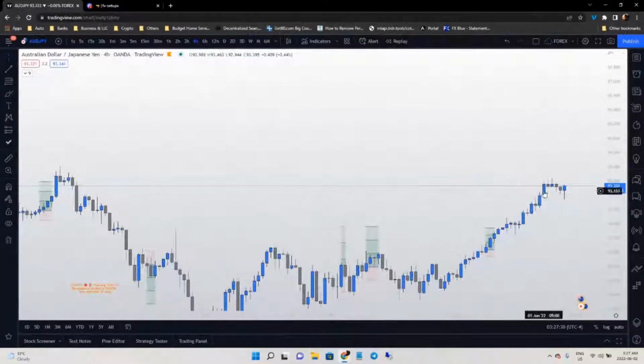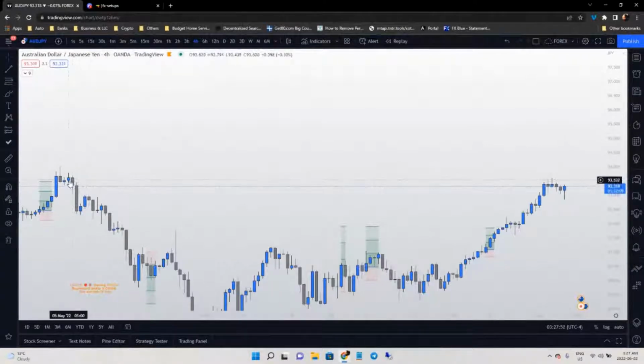So as you can see, the 4 hour right now, there's a little consolidation here, and there's a limit. Pretty sure right now it's based on that price action here.